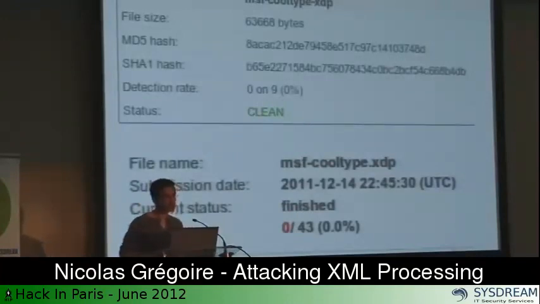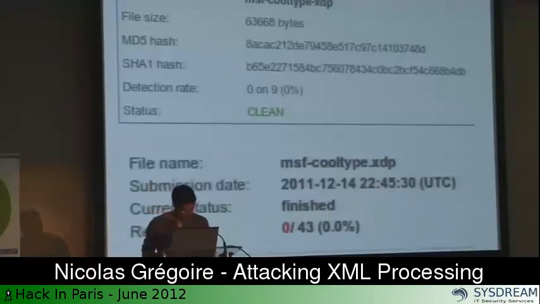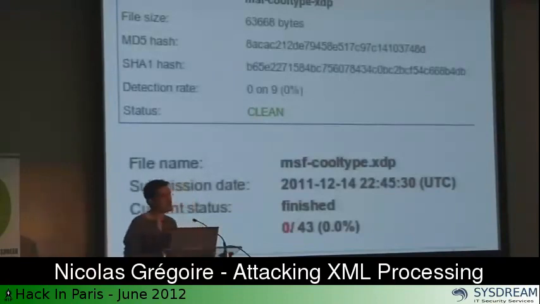So you have full evasion of any antivirus solution available. This has been out since the beginning of last year, and it seems antivirus vendors don't care. For the record, it's in the Metasploit trunk since last month, so you can already play with it. The fun part is that by default on Windows, Adobe Reader will open the XDP file if you double click on it.